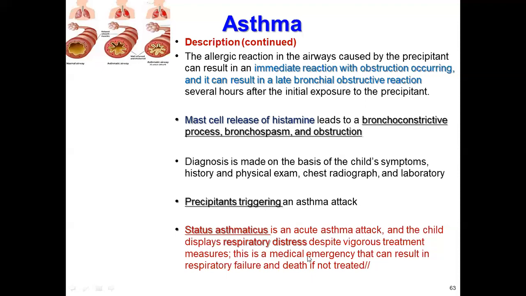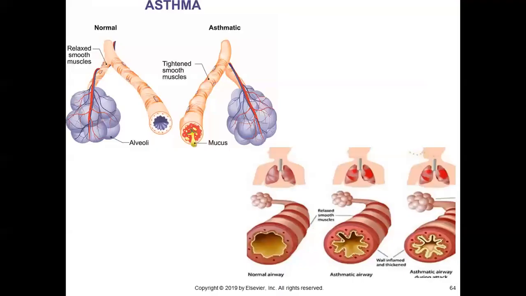This is a medical emergency that can result in respiratory failure and death if not treated. In status asthmaticus or an acute asthma attack, the patient presents with wheezing, coughing, anxiety, chest tightness, shortness of breath, and uses accessory muscles.